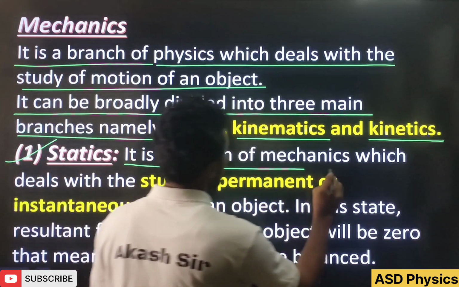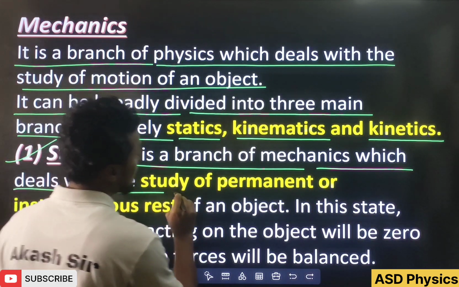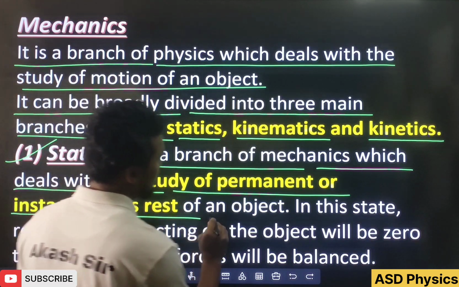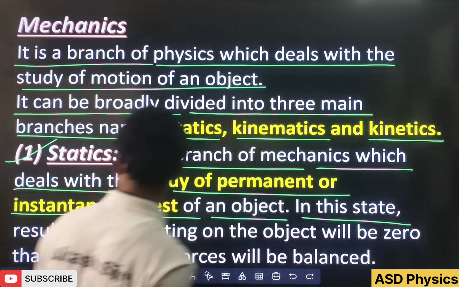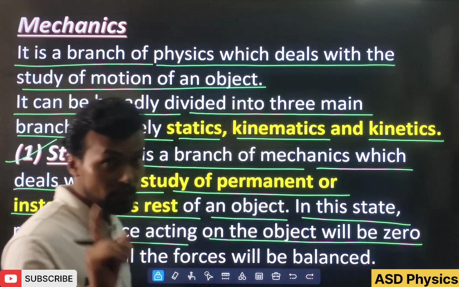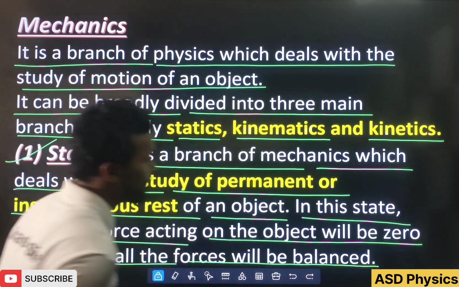Now if we talk about statics, it is a branch of mechanics which deals with the study of permanent or instantaneous rest of an object. And very important, in this state the resultant force acting on the object will be zero. That means all the forces will be balanced.